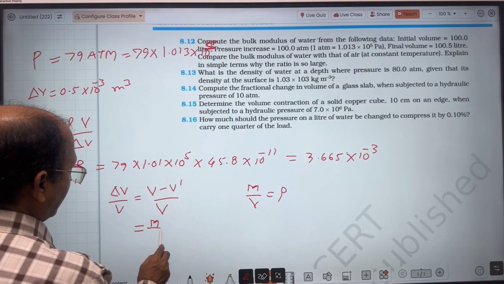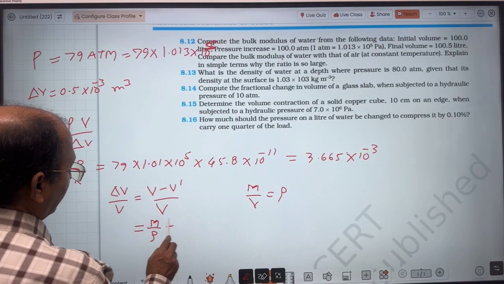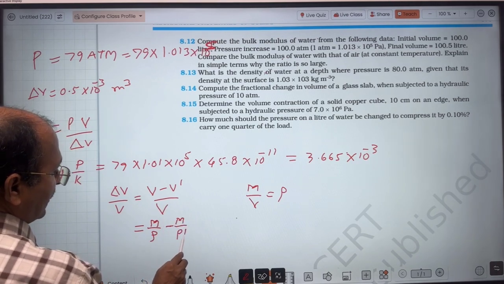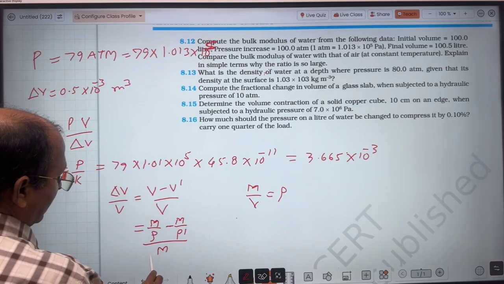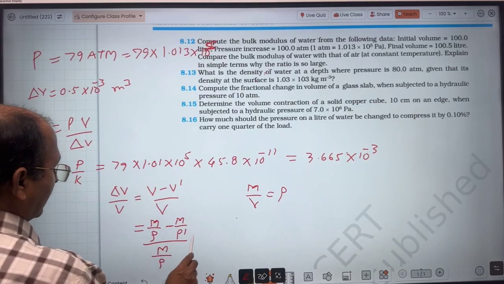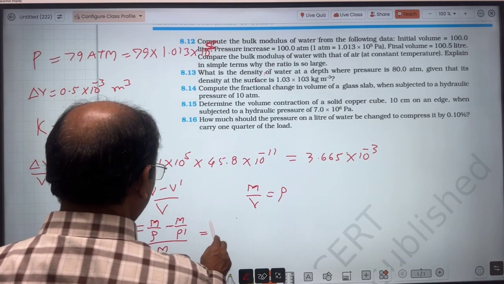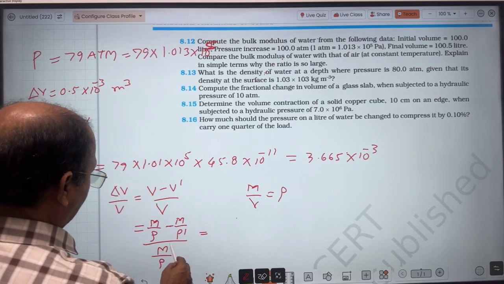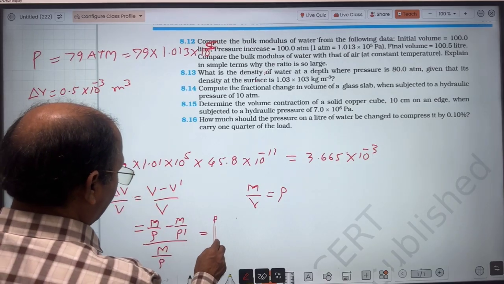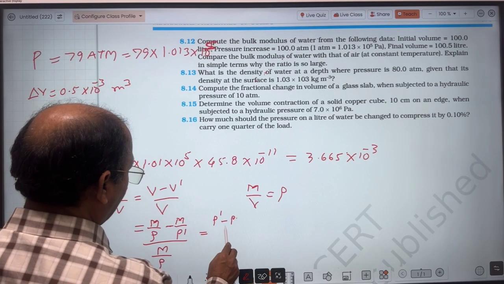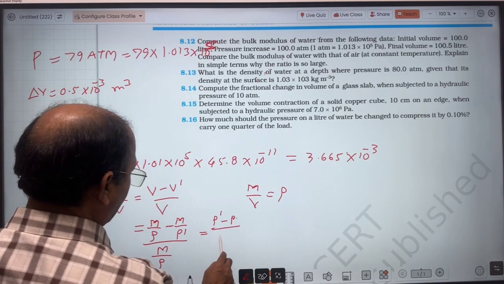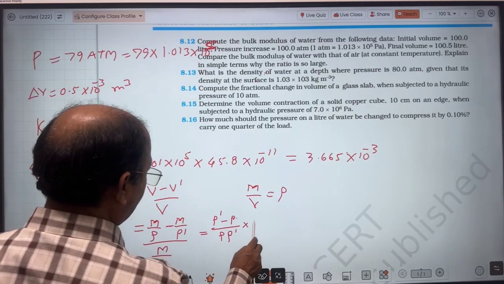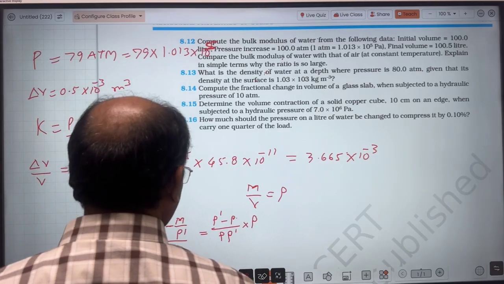We can write mass upon density minus mass upon density dash, where density changes, divided by mass upon density. The mass M will cancel, so this becomes rho dash minus rho divided by rho into rho dash, multiplied by rho.